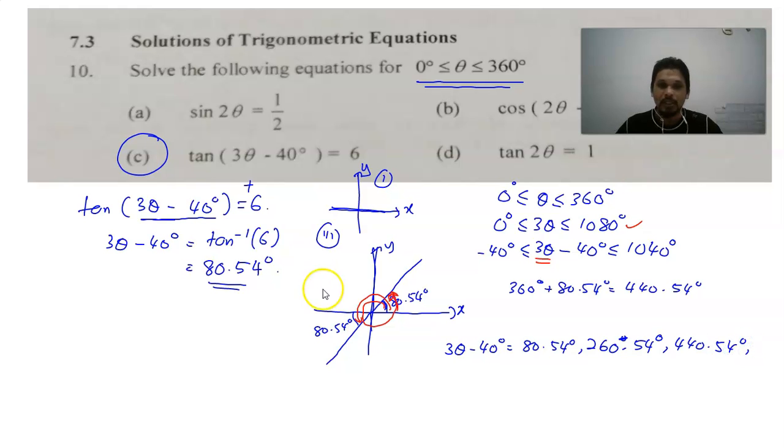And then 360 and then 450, 540 plus with 80.54. So 360, 450, 540 and end up here. This is the base angle of 80.54.